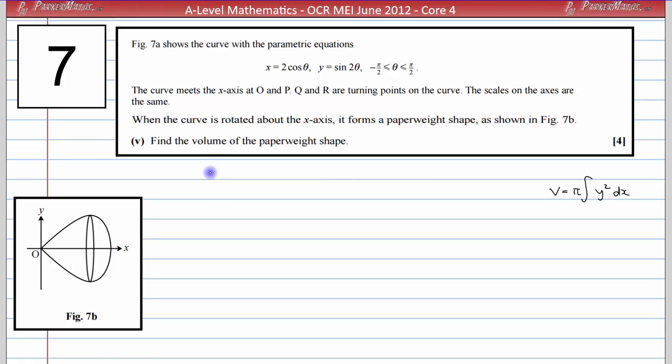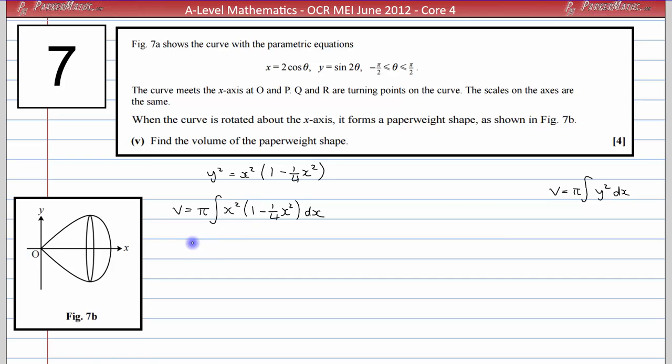We know from the last part that y squared equals x squared multiplied by 1 minus a quarter x squared. If we substitute that in, we get V equals pi multiplied by the integral of x squared multiplied by 1 minus a quarter x squared with respect to x.